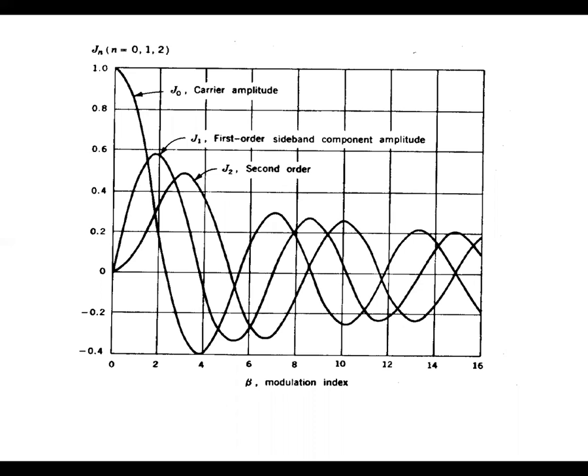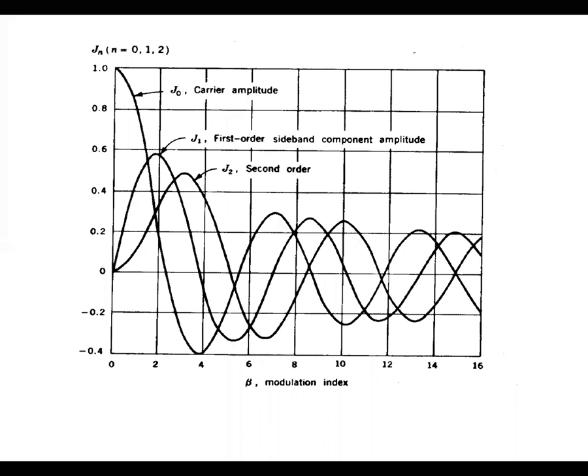Infinite bandwidth means the harmonics are infinite: J0 to J1, J2, J3, J4, J5 up to J infinity. But you have to take only some. As the harmonic number increases, the amplitude decreases.